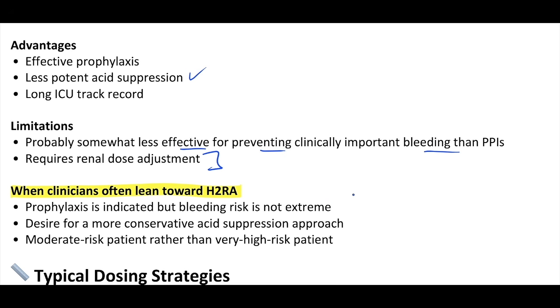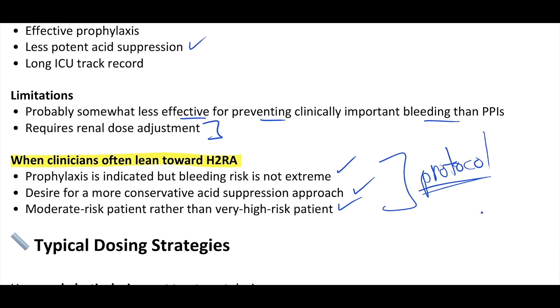It's most commonly when prophylaxis is indicated but bleeding risk is not extreme, a desire for a more conservative acid suppression approach, or a moderate risk patient rather than a very high-risk patient. Again, a lot of this at institutions is protocolized, so sometimes the protocols just grab for one or the other. But just note there is some nuance between the two, with the caveat being the large trial data does not suggest one is better or worse than the other in terms of H2 receptor antagonists versus PPIs.